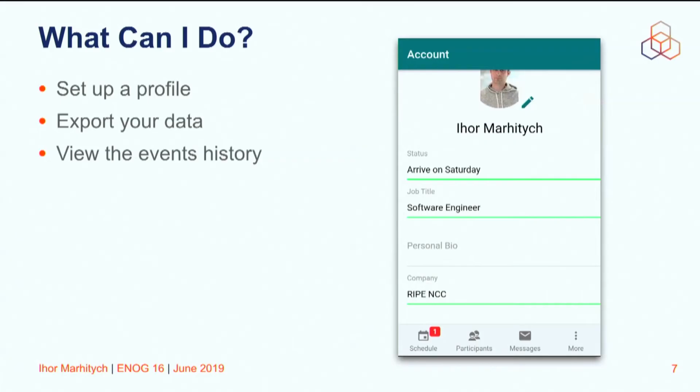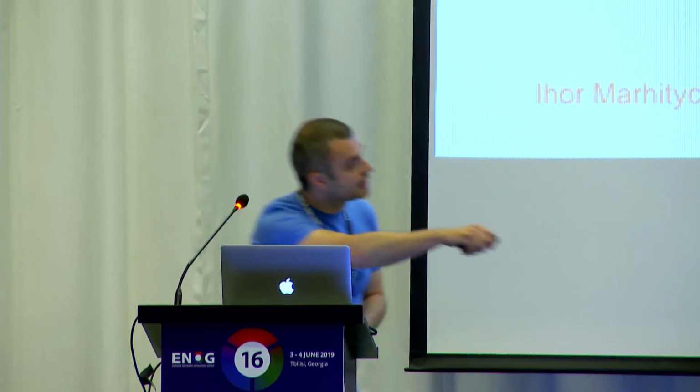And the last part: what can I do? We recommend that you make your profile there because people would like to find you. As a minimum, you have to put there your job title as well as the name of the company you work for or with. At the same time, you can provide some additional information.